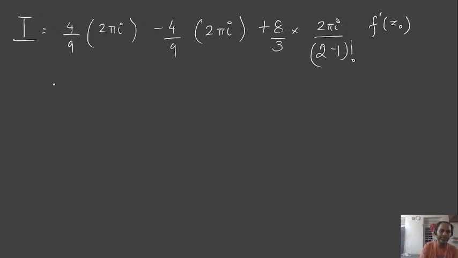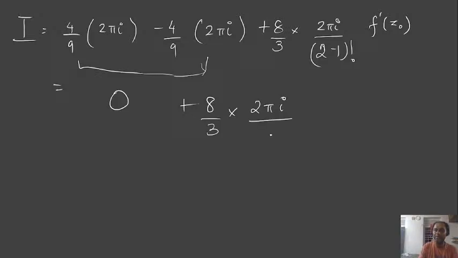So I'll show you that answer. See, 2 pi i, this portion answer is 0. 8 by 3 into 2 pi i divided by 1 factorial, now into f dash of z.